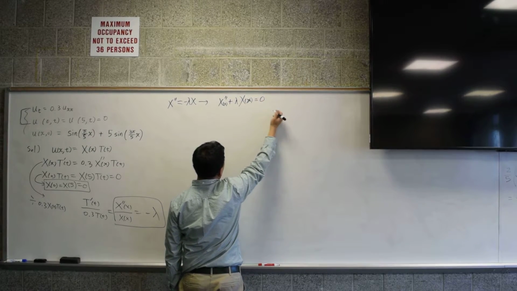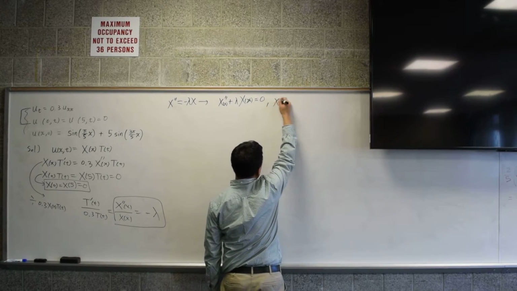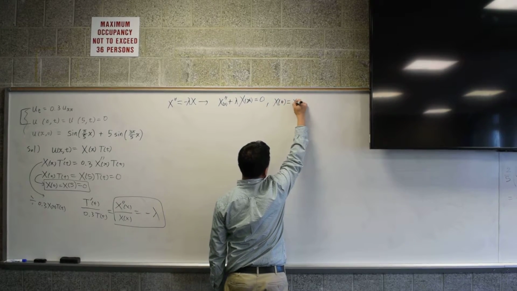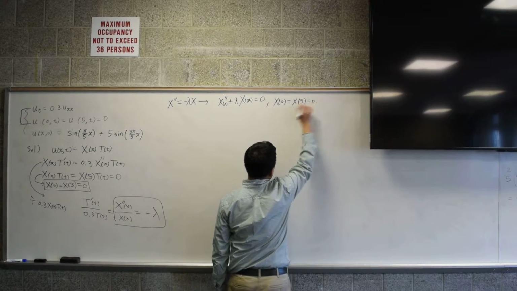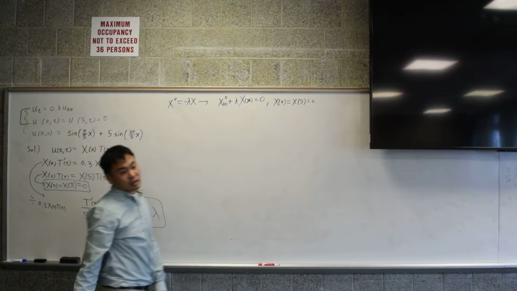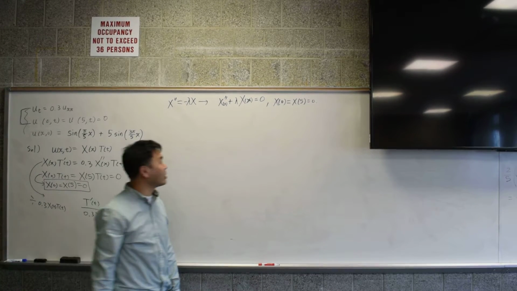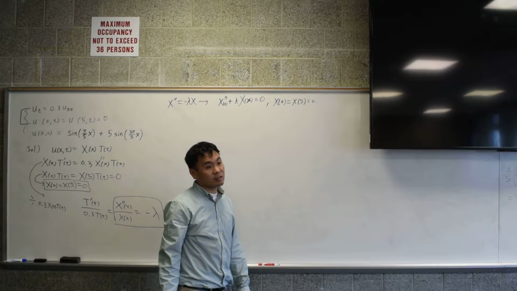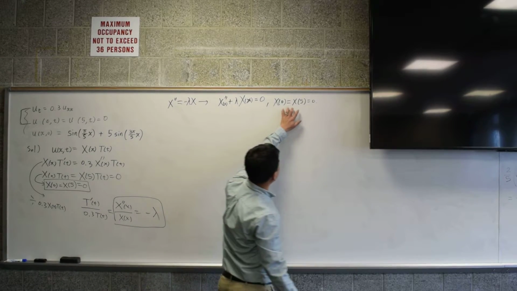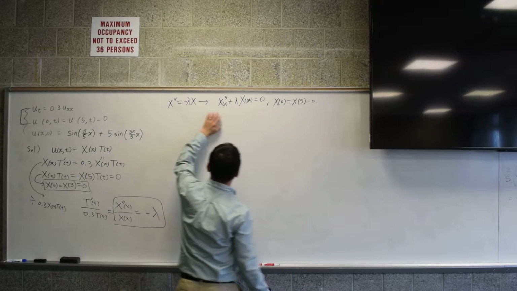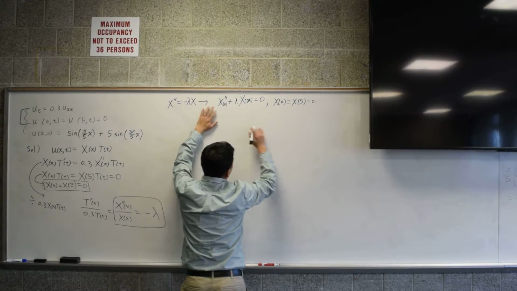All right? With the boundary condition that at the endpoints it should be 0. Now, what kind of function has 0 at the endpoints? Sine or cosine? Sine.